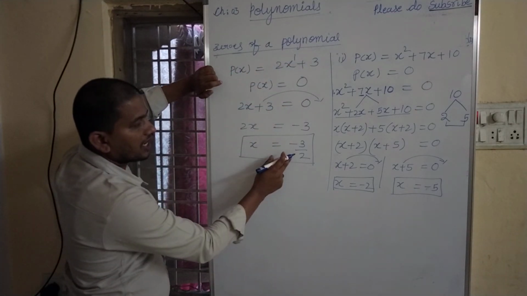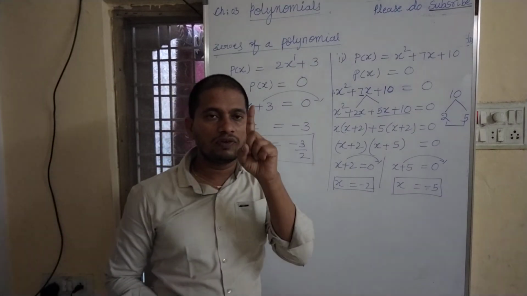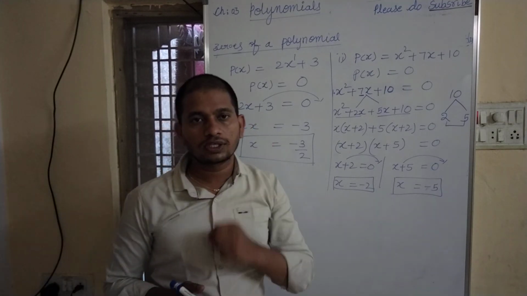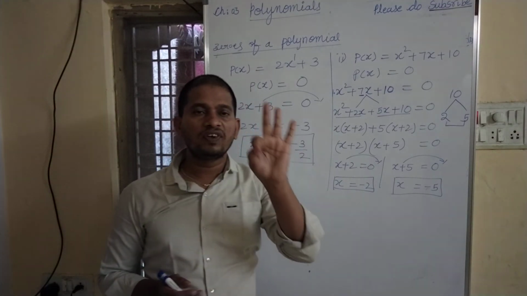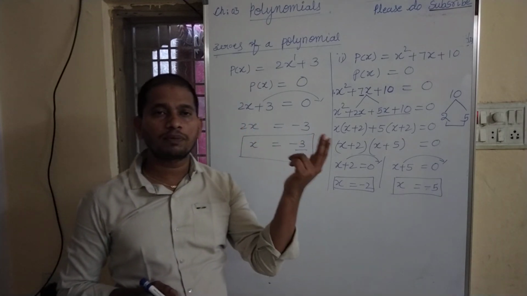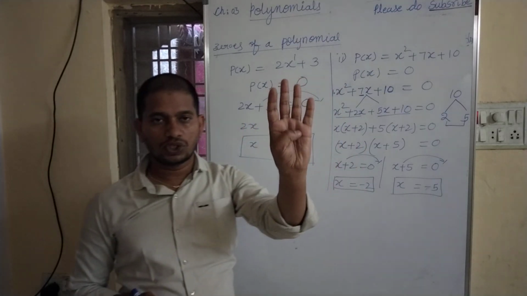You will get only 1 zero. For a linear polynomial, we will get 1 zero. For a quadratic polynomial, we will get 2 zeros. For a cubic polynomial, we will get 3 zeros. And we also have the biquadratic polynomial, whose degree is 4, and we will get 4 zeros.